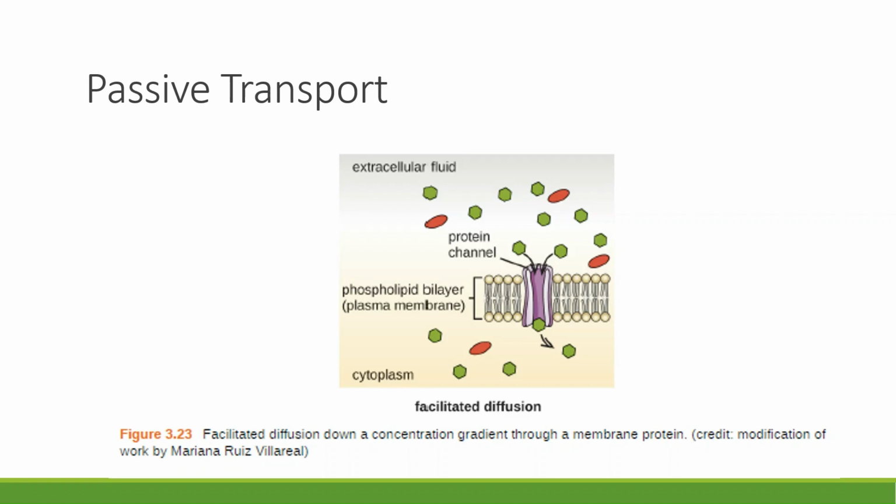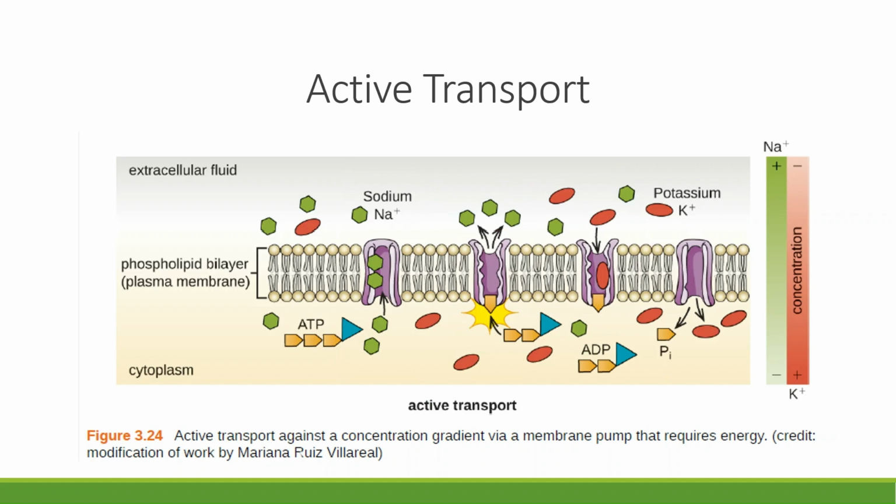Charged molecules and larger molecules often need help crossing the membrane by way of these protein channels. Here you can see the movement of chemicals is facilitated by the protein, and this is called passive transport because it doesn't require any energy input from the cell. This is active transport because the chemicals are being pumped against the concentration gradient, unlike in passive transport or simple diffusion.